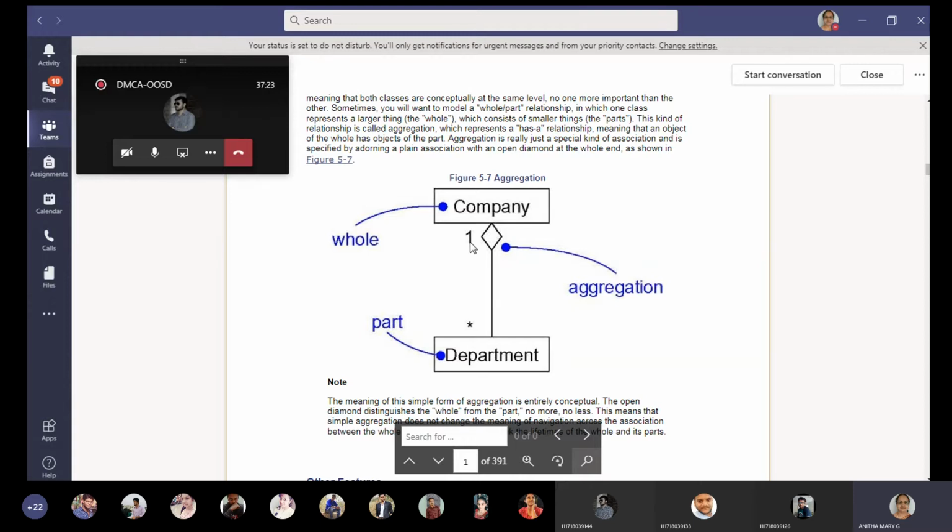It is a whole-part relationship, a has-a relationship, whereas generalization is a kind of relationship, an is-a, parent-child relationship, and aggregation is a has-a relationship.